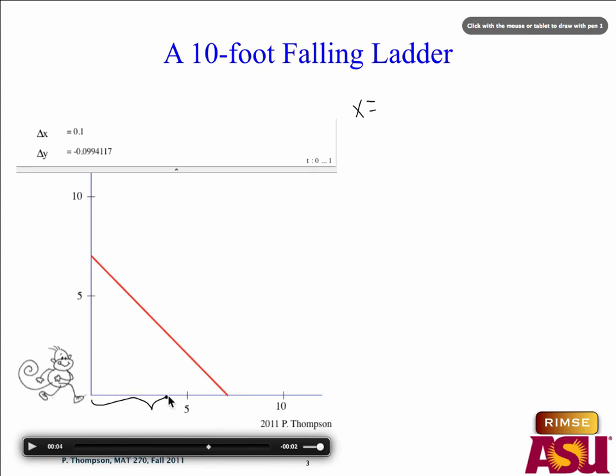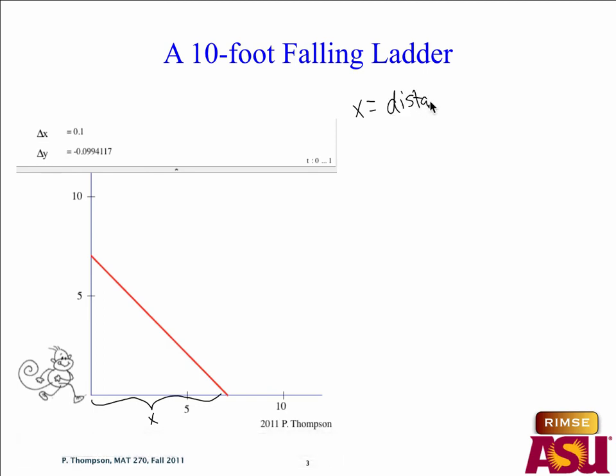So you want this quantity to be x. I like it. So we'll let x be the distance in feet of the bottom of the ladder from the wall. Okay. What other quantities do I have?